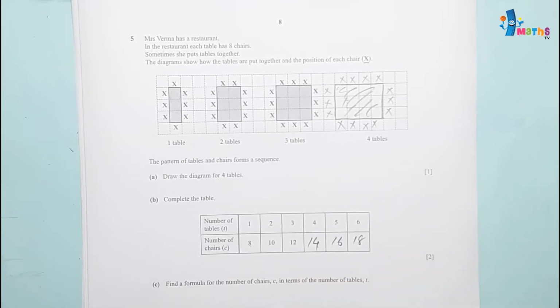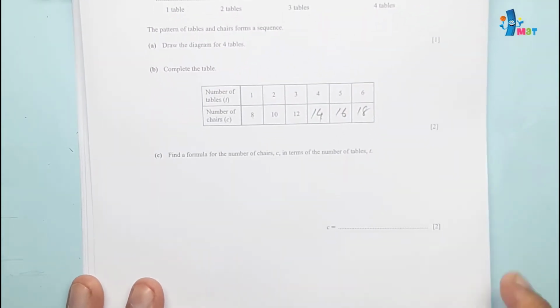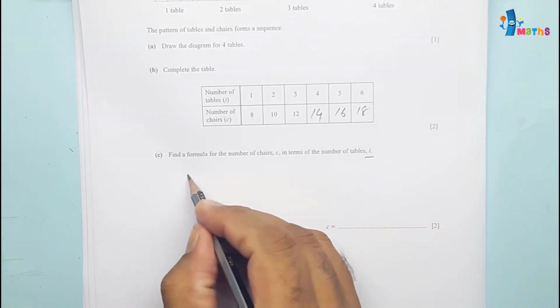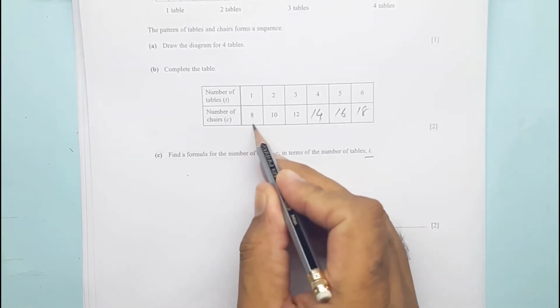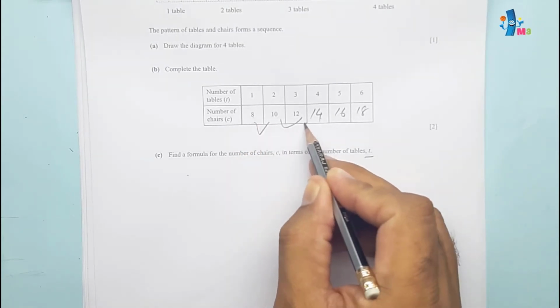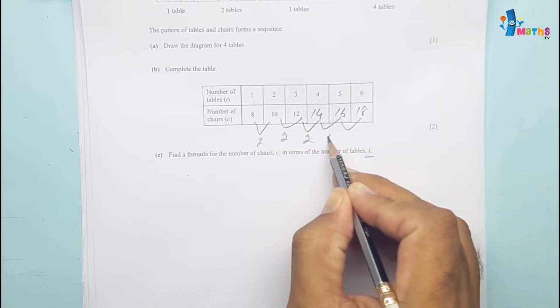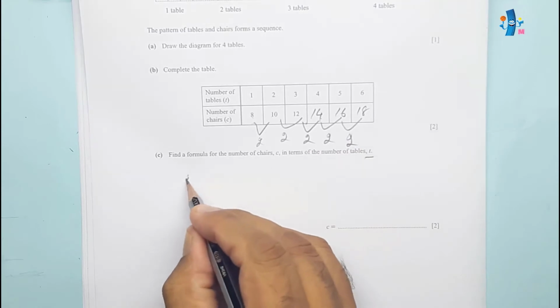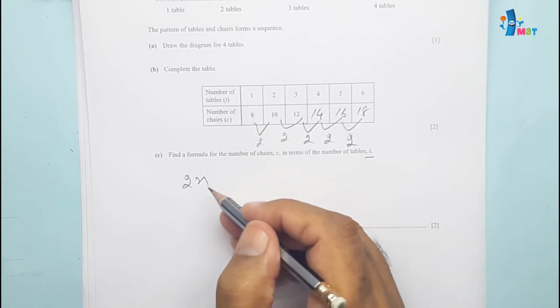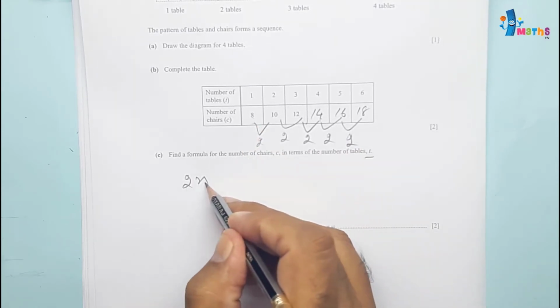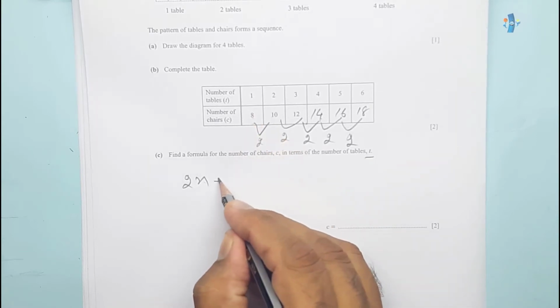Then we have to find the formula for this, for T tables. The difference is basically 2. If you check, all differences are 2, so this will be 2n, and if we replace n with 1, we get 2, but we need 8, so plus 6.